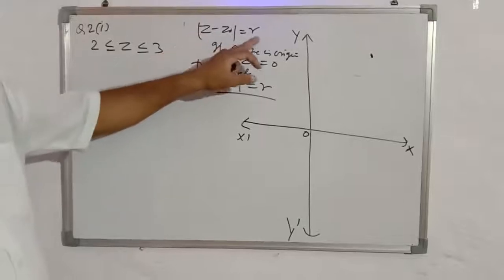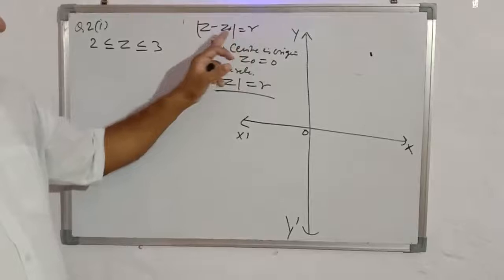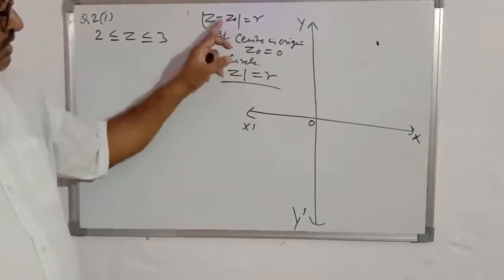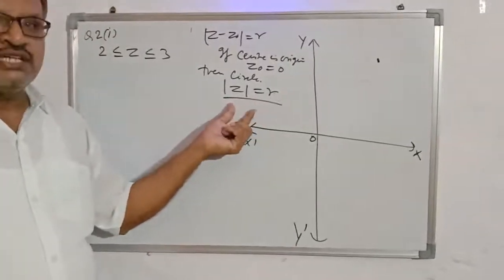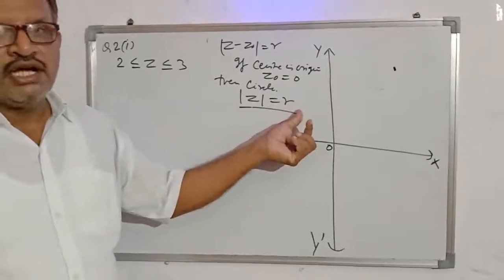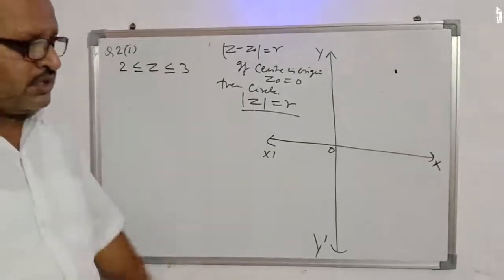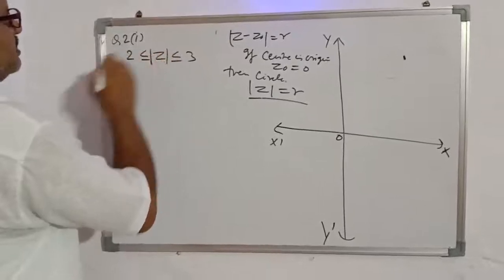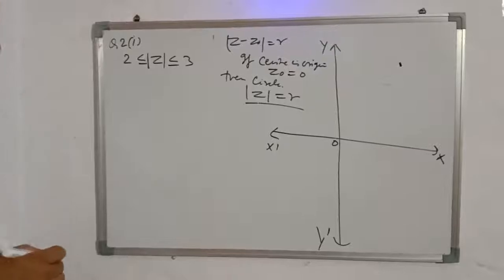|z − z0| equal to r represents a circle with center z0 and radius r. But if the center is the origin, z0 is equal to 0, then |z| is equal to r. So |z| equal to r represents a circle whose center is the origin (0, 0) and radius is r. Here it is |z|. 2 less or equal to |z| less or equal to 3.